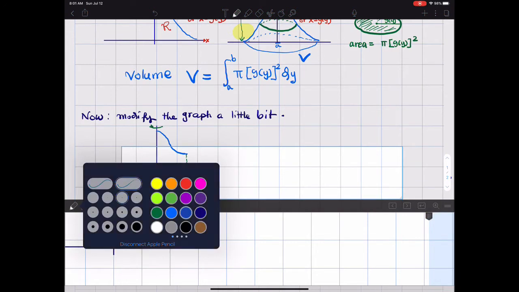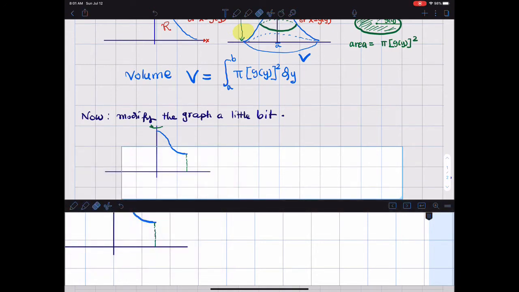Let's say this is some value of x. So maybe this is x is equal to b, and maybe this is x is equal to a. But we know x is equal to 0 here, so don't even worry.